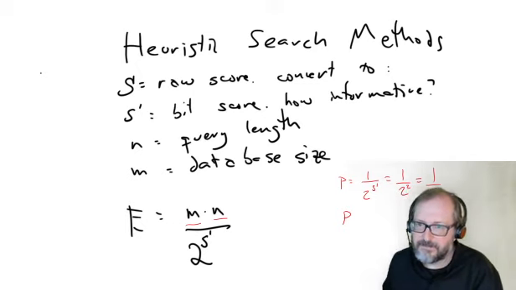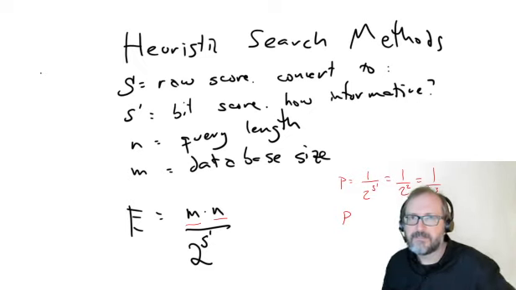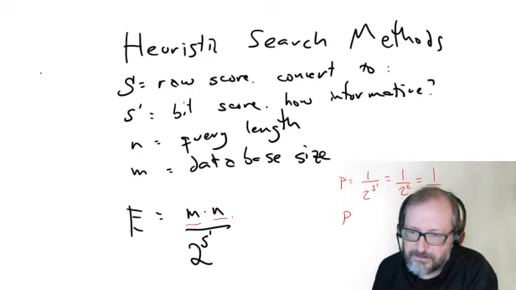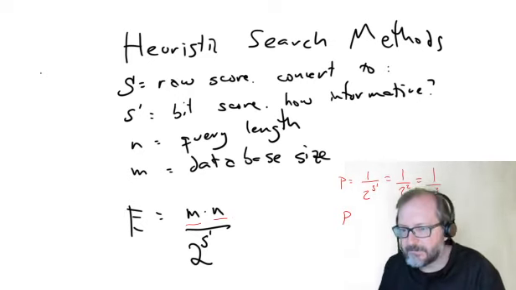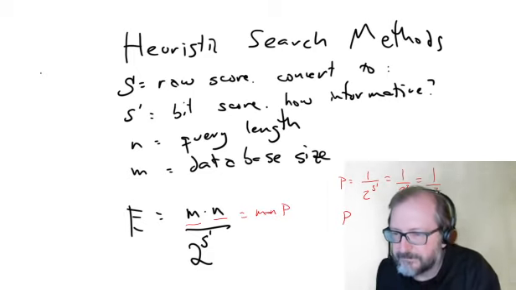And then likewise, partial matches are allowed, so within your query, the partial match could have started in principle at any residue in your sequence, and that's why you also have n. So the expectation value is m n times p, right?